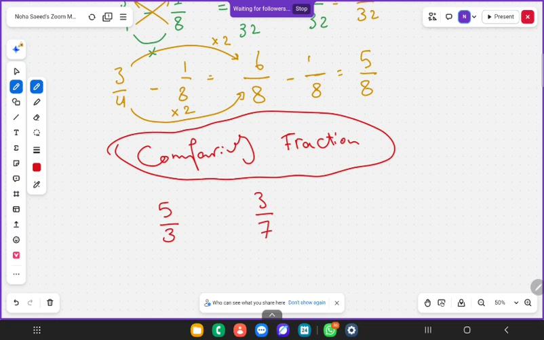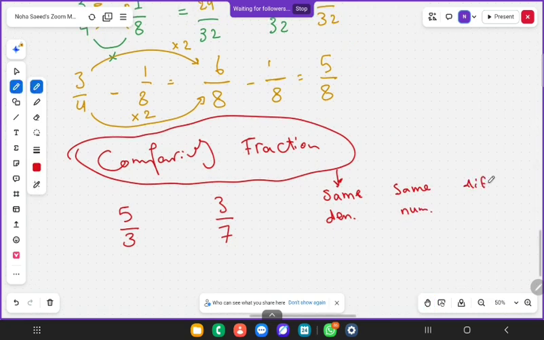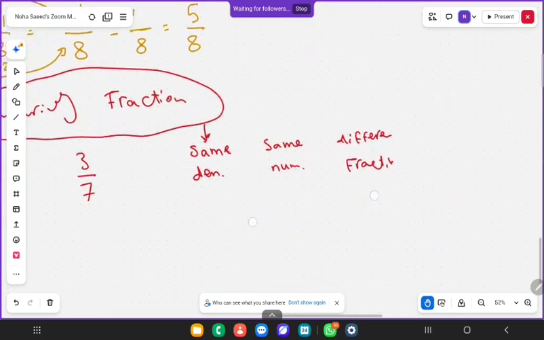To compare, I have three kinds of comparing. If I have the same denominator or the same numerator or different fractions. Okay, let's look here.